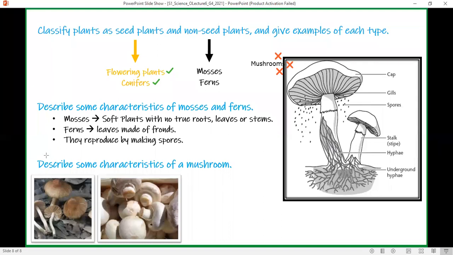As you can see, this is the cap of the mushroom. And then from the inside, these are the gills of the mushroom.